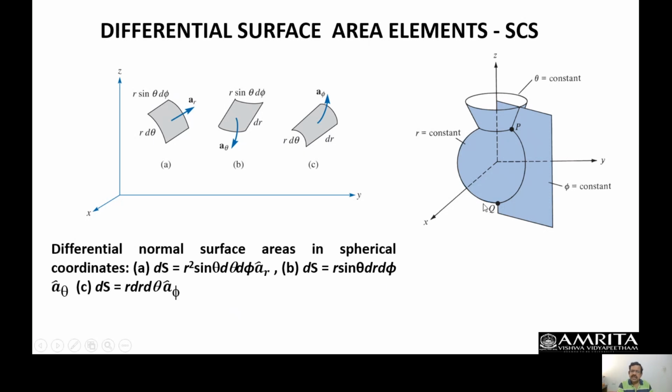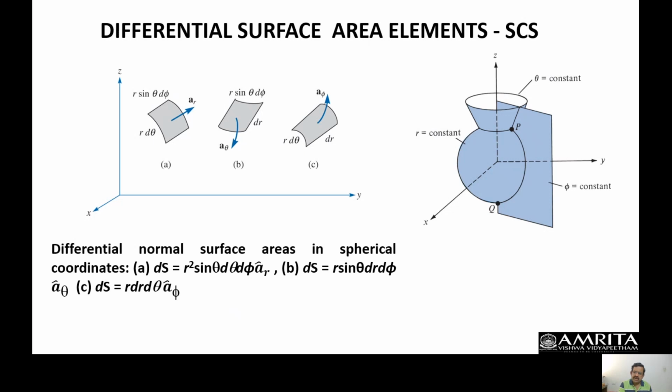So here is the other diagram which shows which plane. If I take the plane on the spherical surface, R will be constant. If I take this plane, here theta is constant. How do I get theta constant? Theta, you remember, is the angle that the radial vector makes.